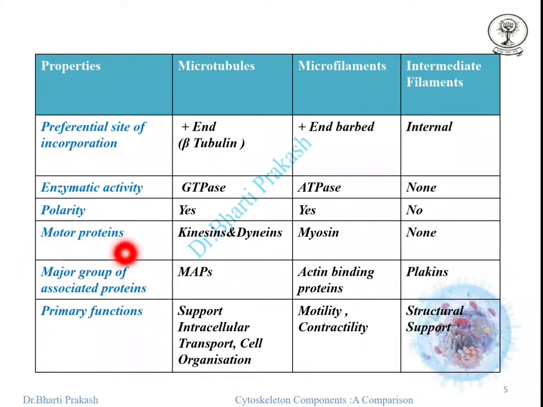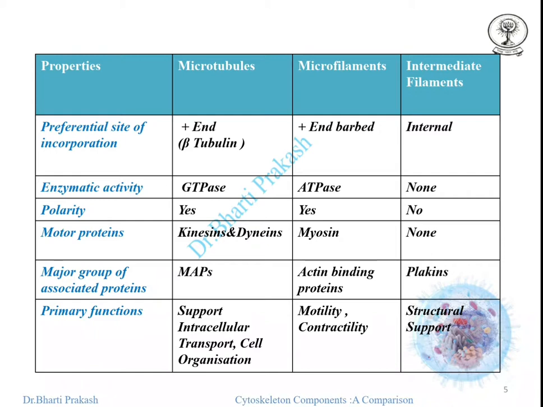So, what are the motor proteins? Both microtubules and microfilaments act as a track for motor proteins. For microtubules, we have kinesins and dyneins. For microfilaments, we have myosin motor proteins, whereas intermediate filaments have no motor proteins.